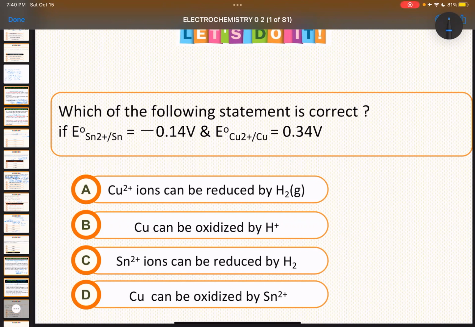So tin is minus 0.14 and the copper is plus 0.34. Both are reduction potentials, right?